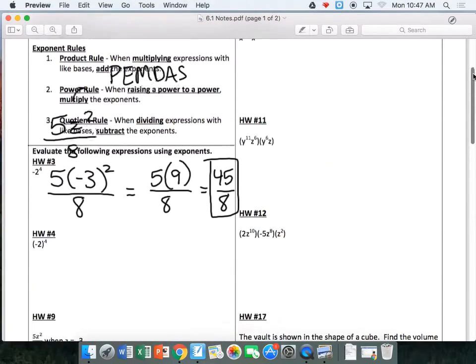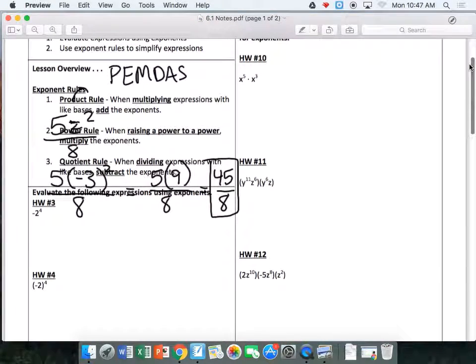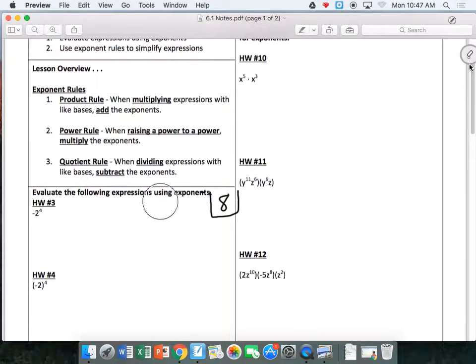When we get to problem number 10, that's when we're going to start using our rules for exponents. Wouldn't it be 5x times 3x? So the first rule is the product rule.